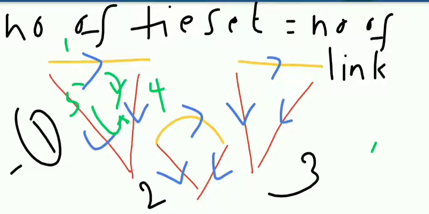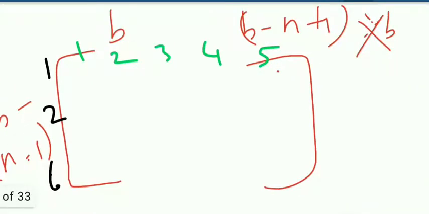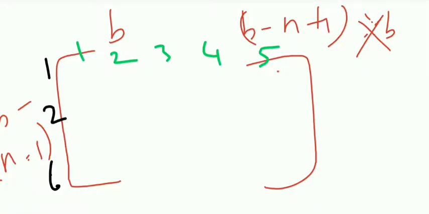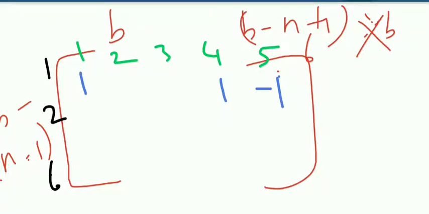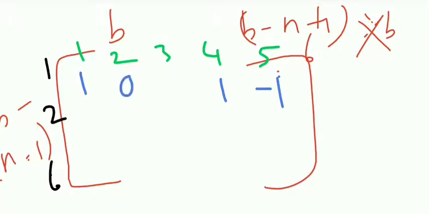So 1 and 4 are plus 1, 5 is opposite, minus 1. We have 6 branches, so I add the 6th branch also, right? The remaining ones are not available for calculation, so we put 0, 0 and 0.